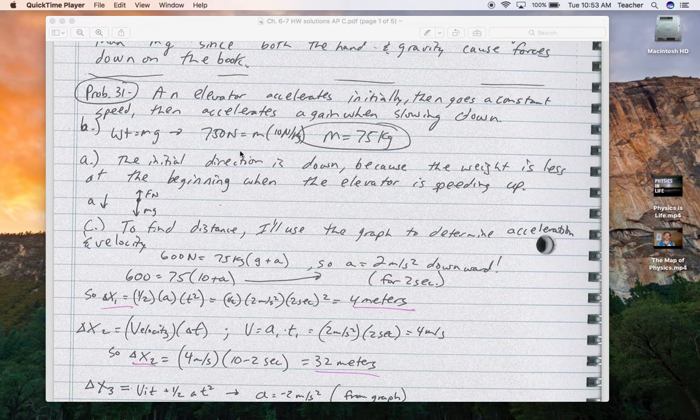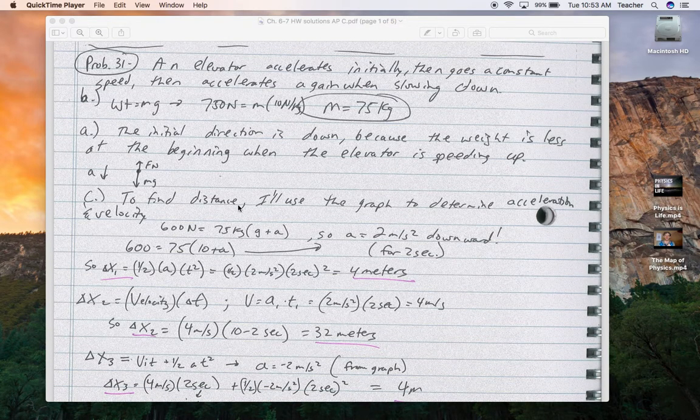For letter B, finding the person's mass, I use g for most of my problems as 10 newtons per kilogram. So the large stretch where the person's force was 750 newtons, that was 75 kilograms. To find the distance, this was actually quite challenging. I had to use the force and the person's mass to figure out the acceleration.